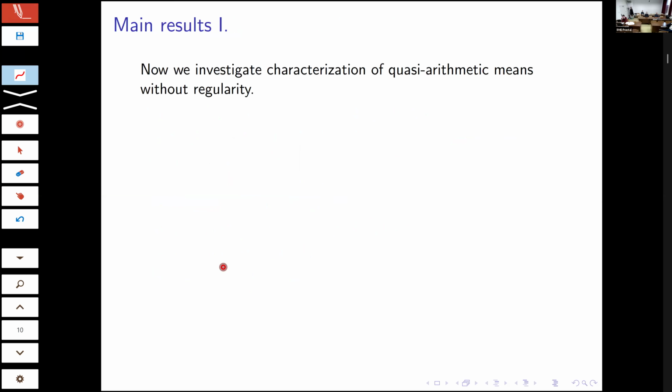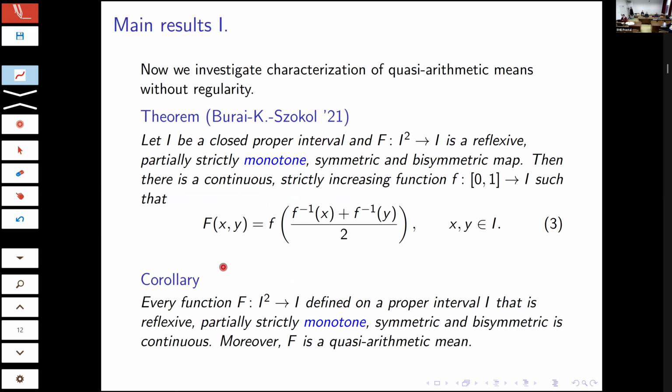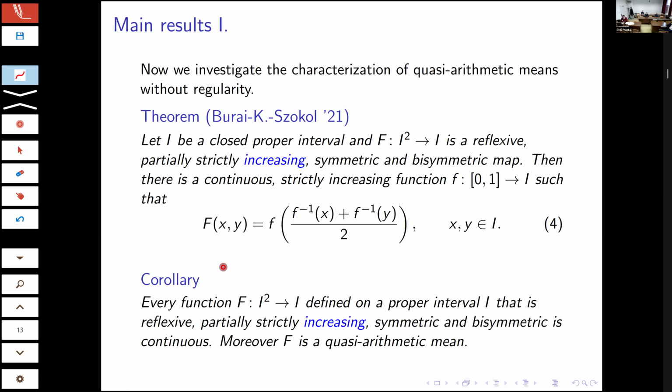Okay. So that was the theorem, and as I mentioned, in two variables we can change monotonicity to increasingness. So it's the same. Acél originally said monotonicity, but automatically he thought of increasingness in this case. His proof is not very well written, let's say, but the essential idea was there.